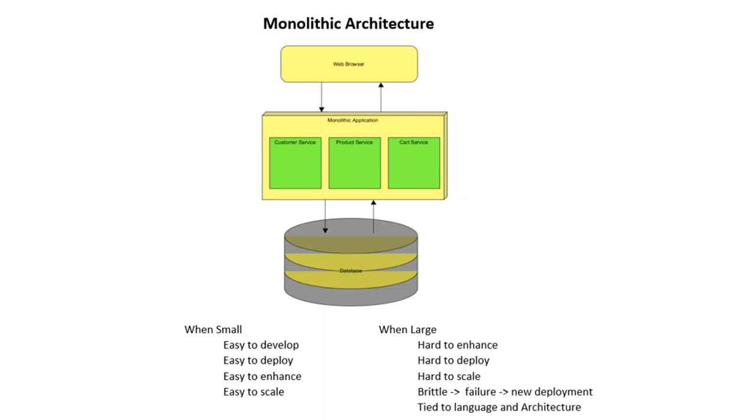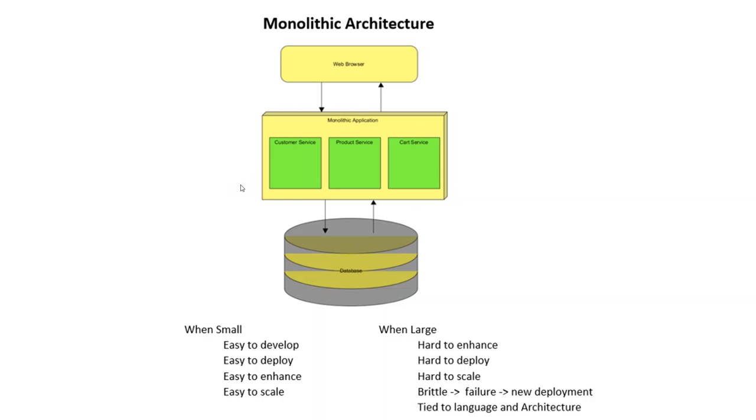Now, the difference between a monolithic architecture and a microservices architecture is in the middle here, where we have an application based on one code base, and everything is together in one source management system typically.